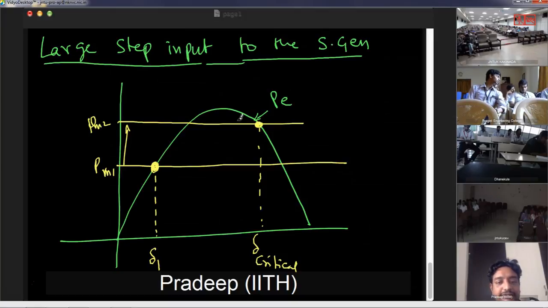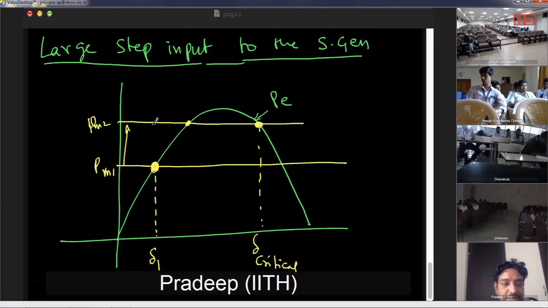So if I exceed this point, then it is difficult for me to come back because I'm not able to get back to the synchronism. Because this is supposed to be my final point, but if I overshoot, then I completely move forward and I'll not be able to come back. So this condition should not happen.